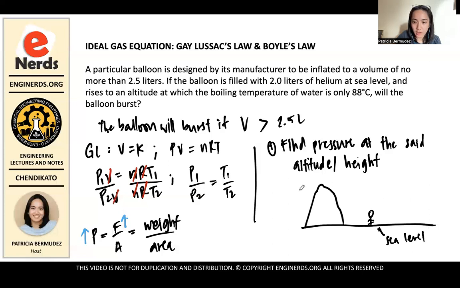And when you go up to a height, like for example here, earlier we used the weight of water as reference. But this time, we're going to use the weight of the air molecules. When you go up from sea level, your air molecules become fewer.